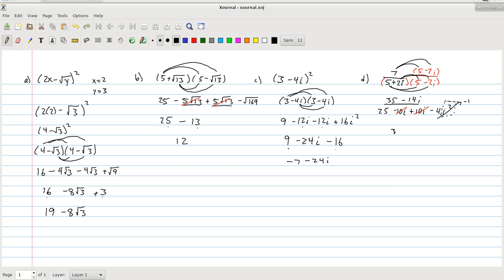So this becomes 35 minus 14i over 25. Now we have subtract 4 times negative 1. So negative times negative is positive 4. So we combine the like terms in the denominator. We've got 35 minus 14i over 29. And then finally, we're going to write this in standard form. We're going to split this up into two separate fractions. 35 over 29 minus 14 over 29i.